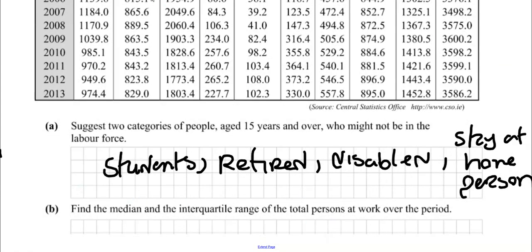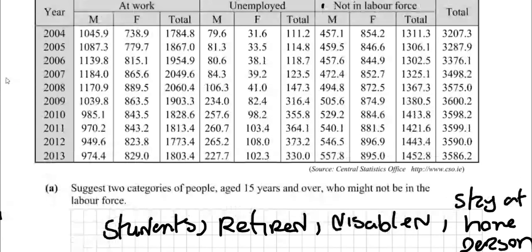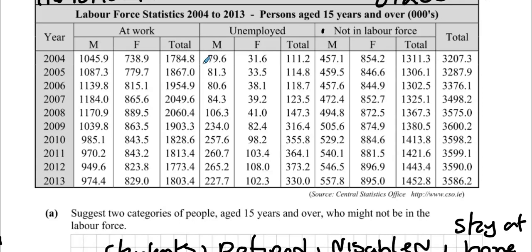So we've got to total up all the people at work over this period. Now, how many numbers are there? 1, 2, 3, 4, 5, 6, 7, 8, 9, 10. Everybody agree with 10?